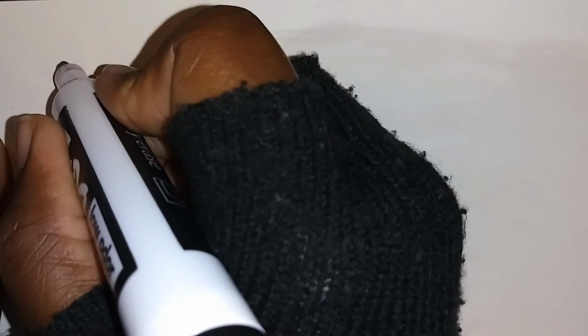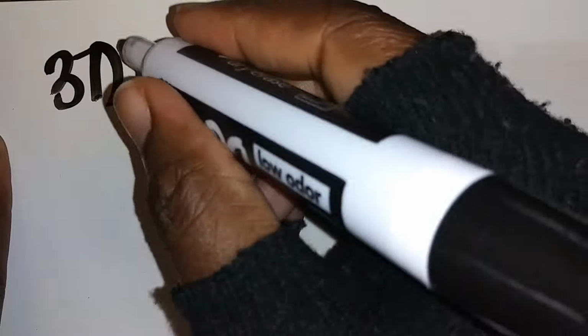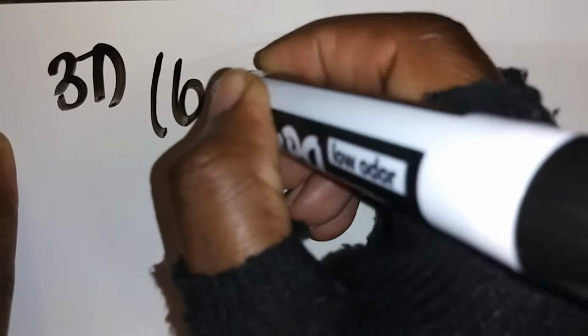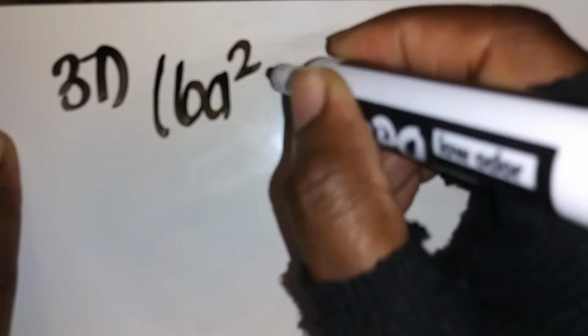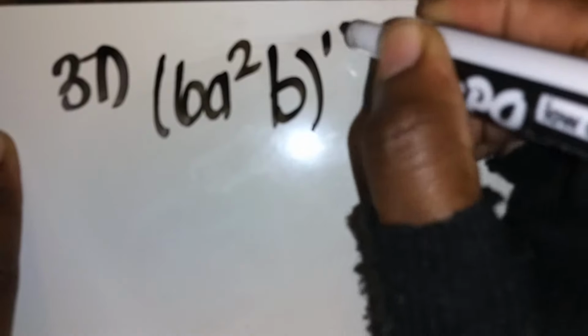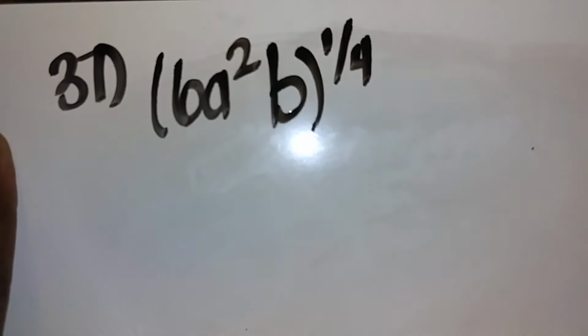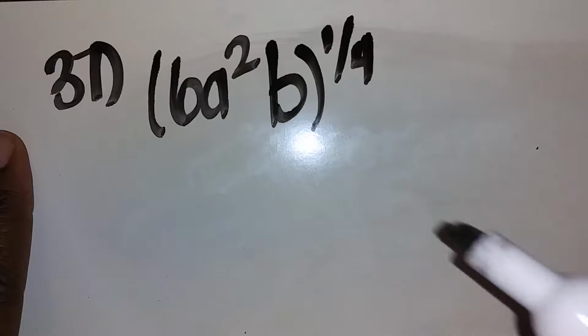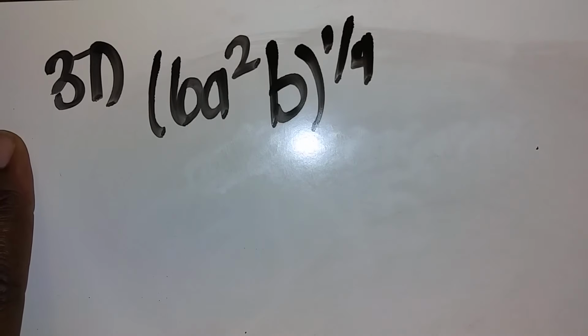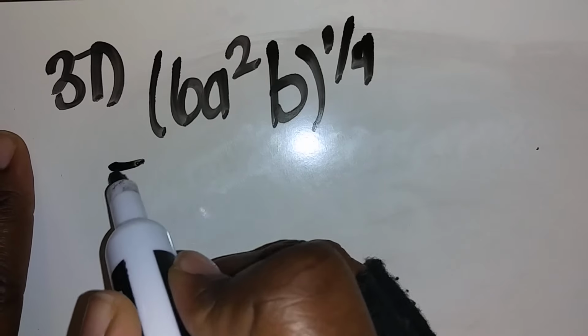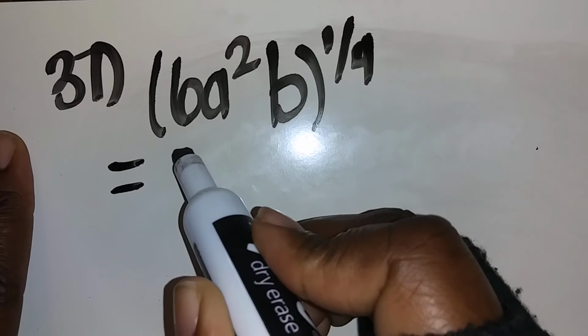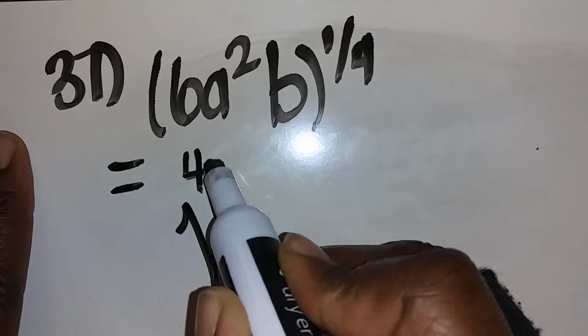Look at number 37. So for number 37, I have 6a squared b to the 1/4 power. We're doing the same directions. So right here, my index is the fourth root.